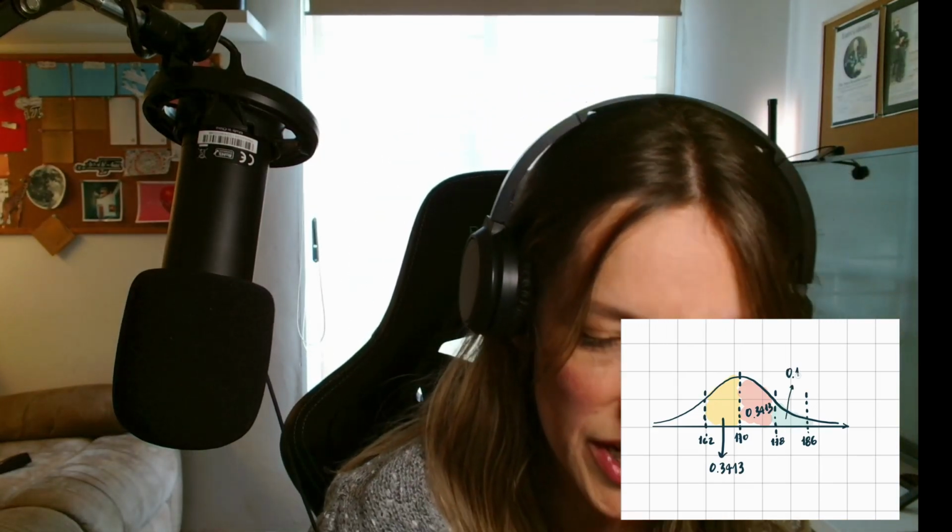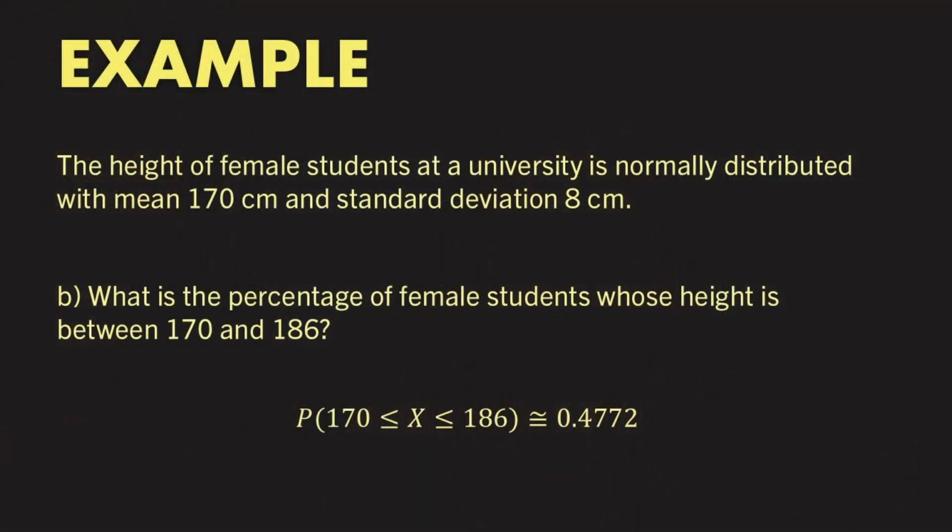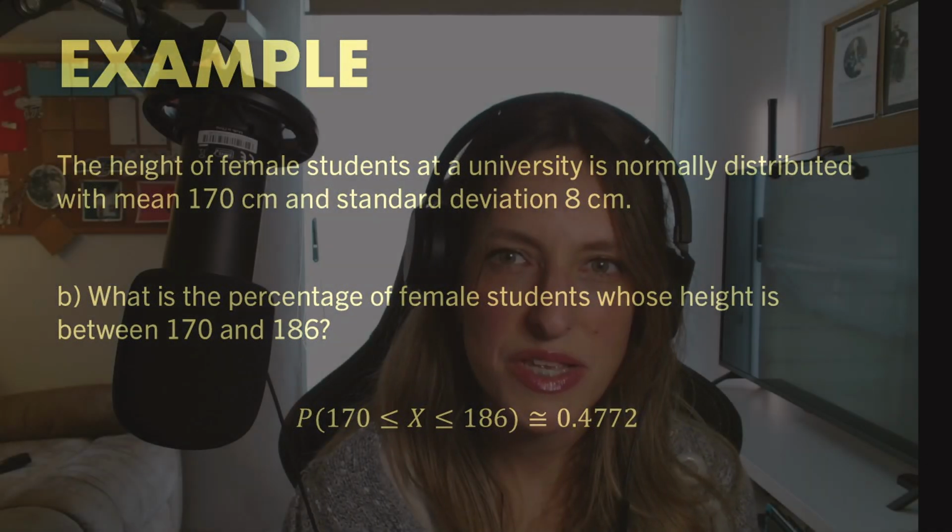I know that from the mean to 1 standard deviation is 0.3413, and then from 1 standard deviation to 2 standard deviations, the area under the curve is 0.1359. So if I add those two, I end up with 0.4772, around that. Meaning that the probability of randomly picking a student that is between 170 and 186 centimeters in height is 47%, something like that.